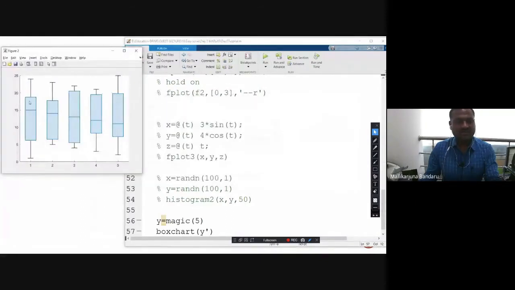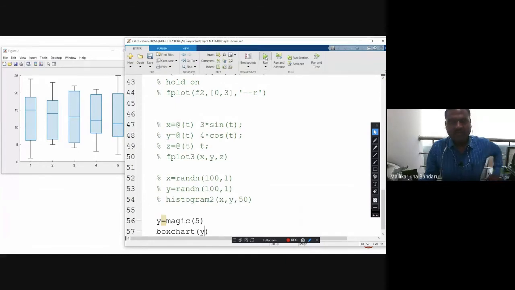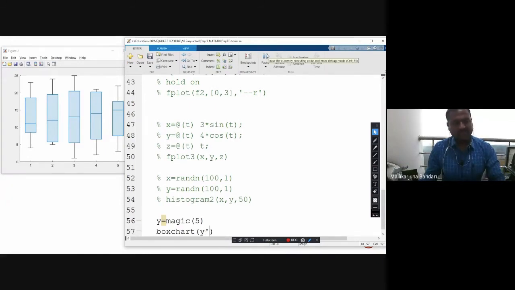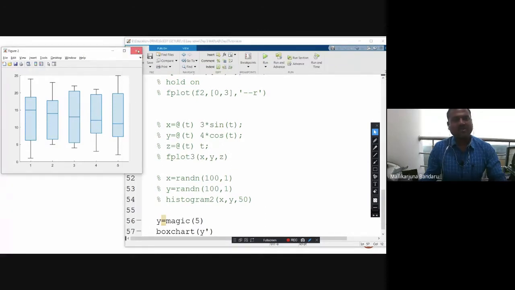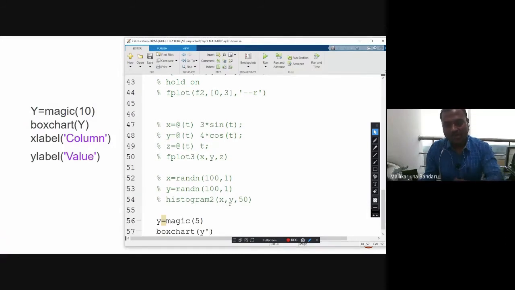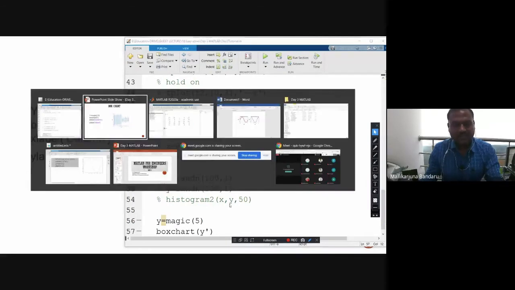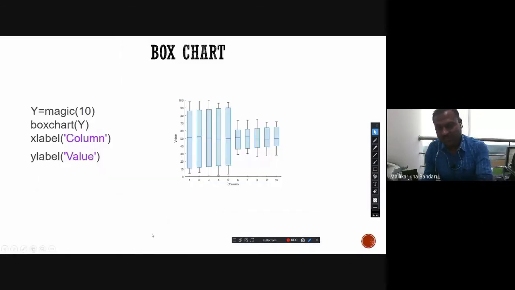Earlier it was with y, and with y transpose that means row wise data, for that it is the box chart. However you want, either row wise or column wise, you can simply put it in, because we know y is nothing but a matrix, and simply putting a single quote is nothing but the transpose. So that's why it is showing like that.